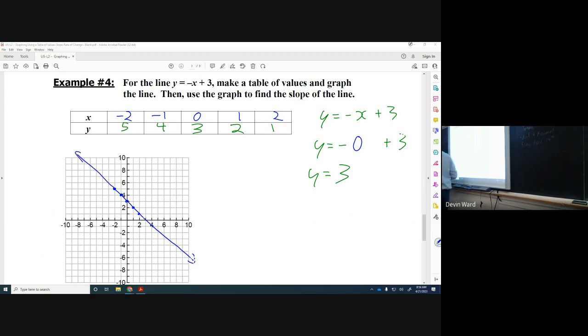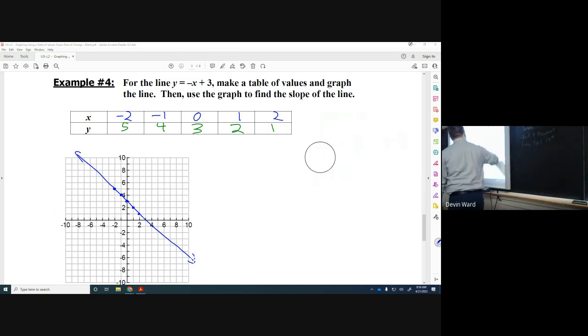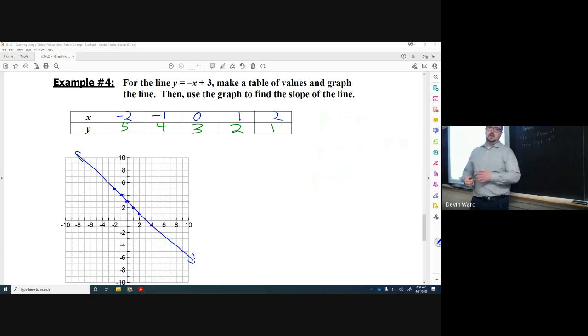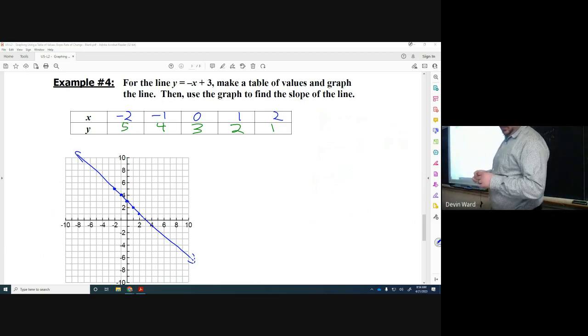Okay, with the rulers, your line should look better than mine. Okay, now we want to find the slope.